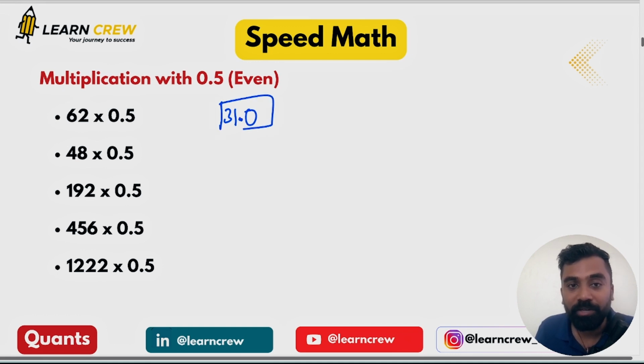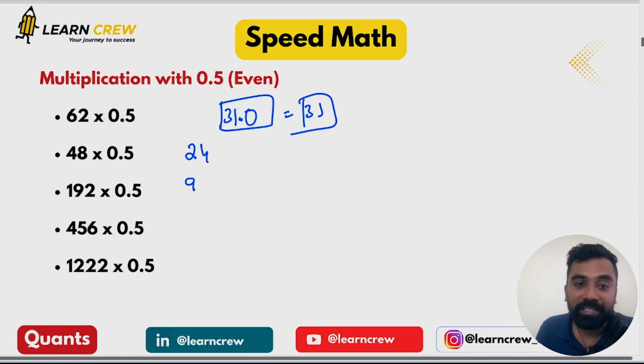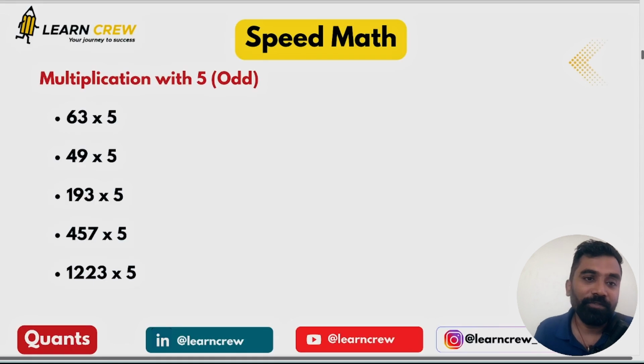So it becomes 31.0, that is nothing but 31. So done. What is half of 48? 24. What is half of 192? 96. What is half of 456? 228. What is half of this one? 611. Just half. That's all. Just half. This is going to be a method for this one.